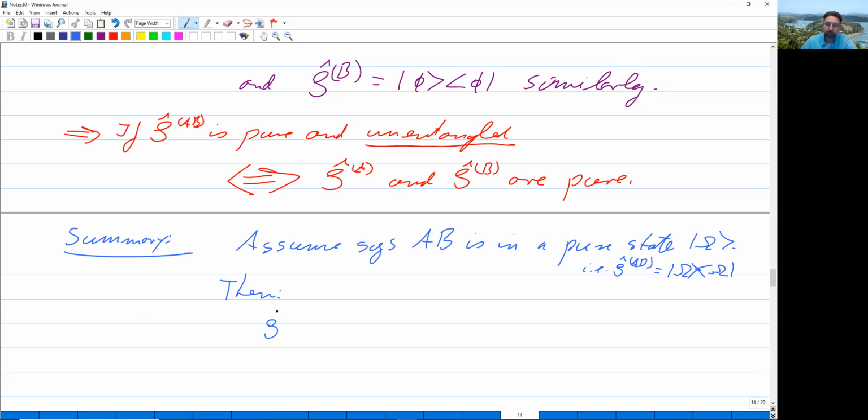Okay, then if rho hat A is pure, therefore the state rho hat AB, or because it's pure, I can just as well write it like this, omega, is unentangled.